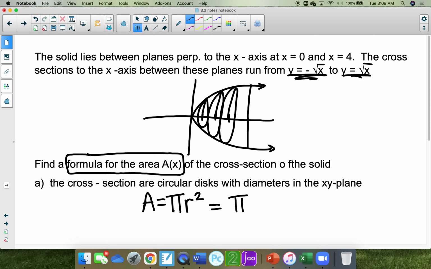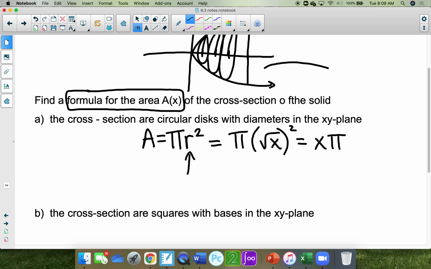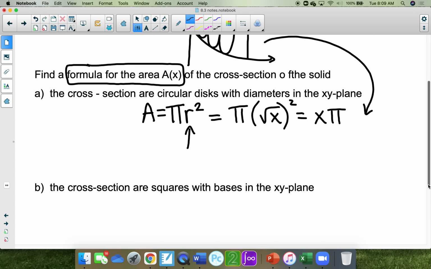And basically, the radius is just one of those squared, which would make it x pi for the formula underneath the integral. The next one, I guess this is the picture for this one. I'm going to keep drawing pictures.